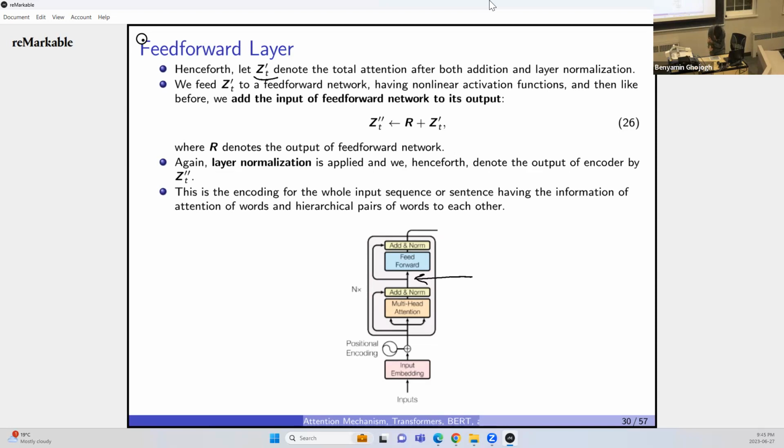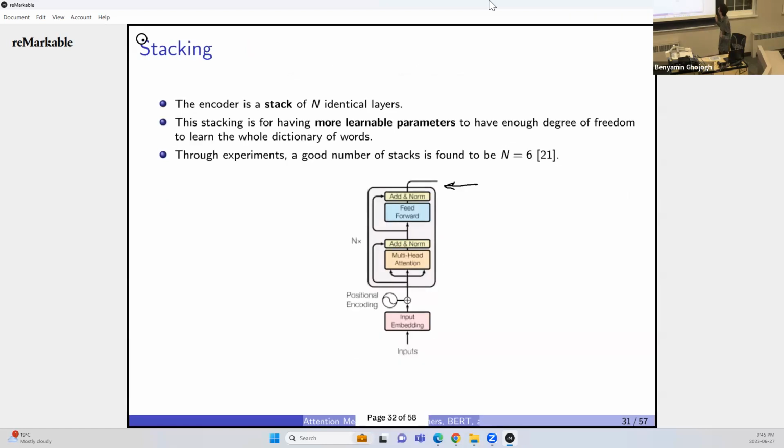Assume this is the ZT prime, and for the output of the feed-forward neural network, I again do add and normalization. So this is the idea of ResNet. So again, after the feed-forward neural network, I do add and normalization, the idea of ResNet and batch normalization again. Okay. So now where are we? We are here now. We already talked about everything.